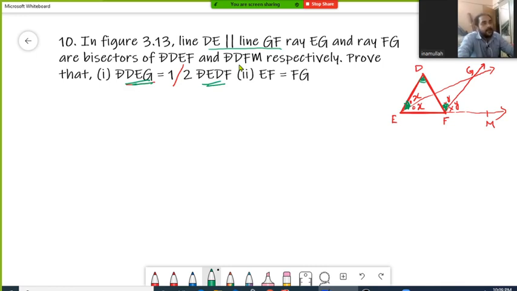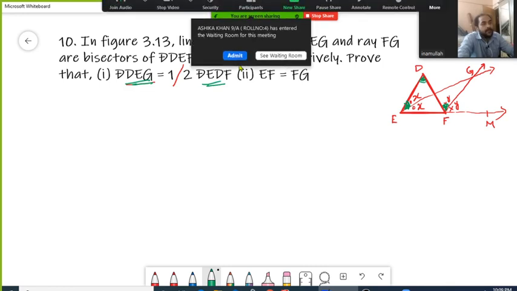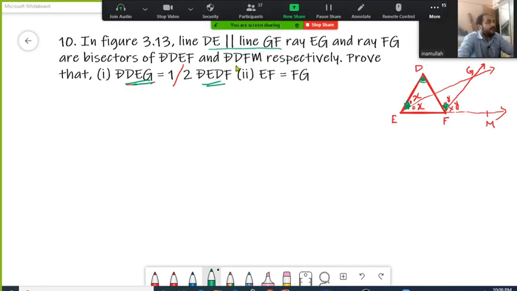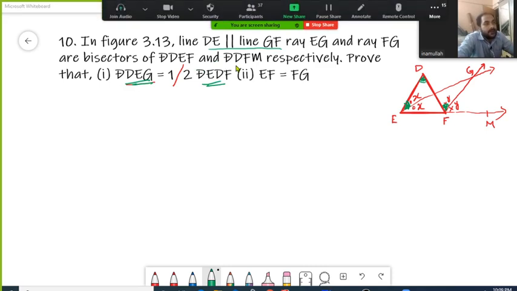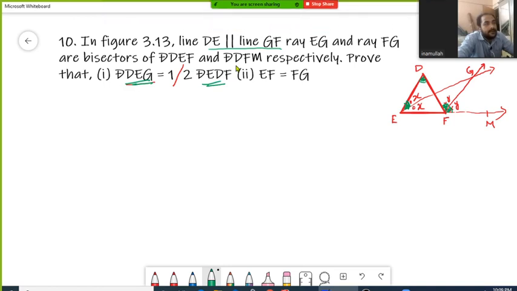And same way, this angle x, I can prove that this angle x is actually equal with this angle y. They are corresponding angles made between two parallel lines.